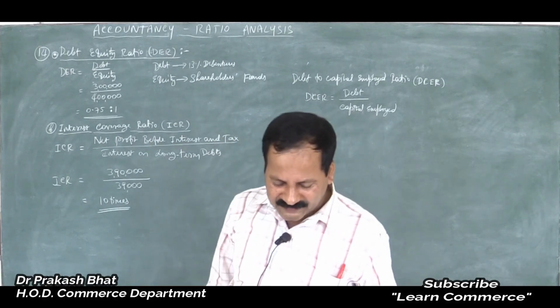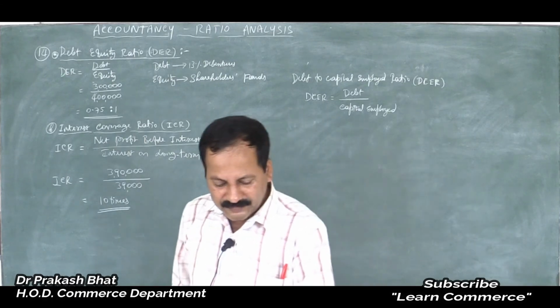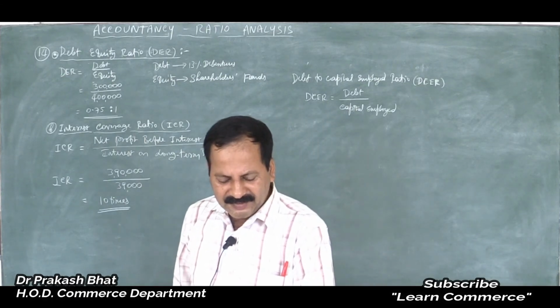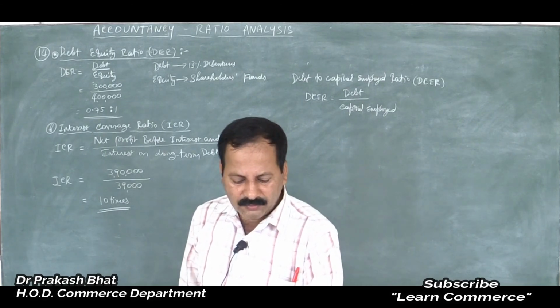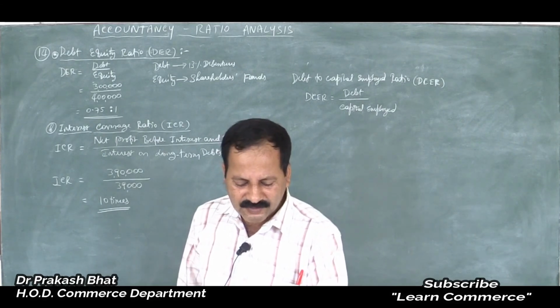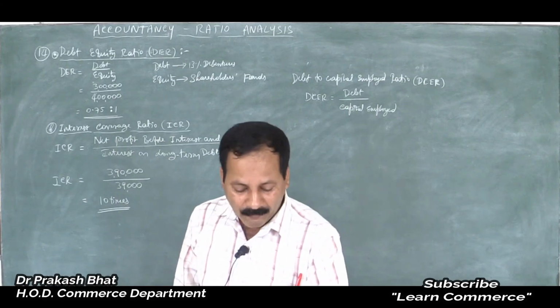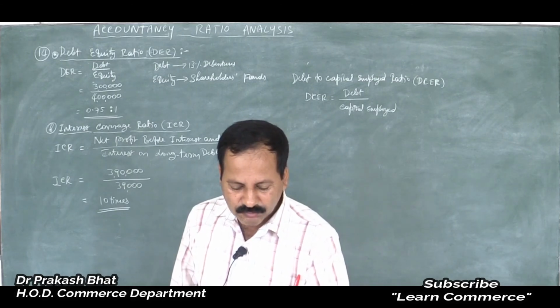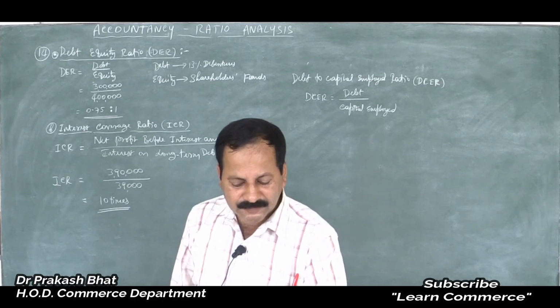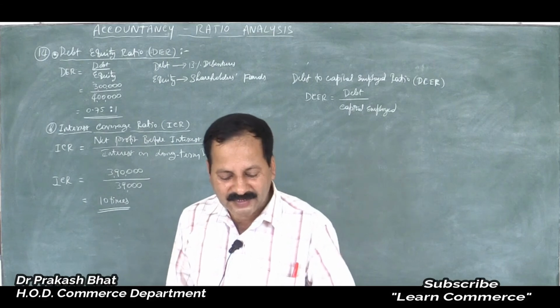So how much is the capital employed? Shareholders funds are there, then we have long term debt, 13% debentures, and current liabilities. Add it together, that is total capital employed. Shareholders funds 4 lakh, debentures 3 lakh, that is 7 lakh, plus current liabilities 1 lakh, that is 8 lakh.